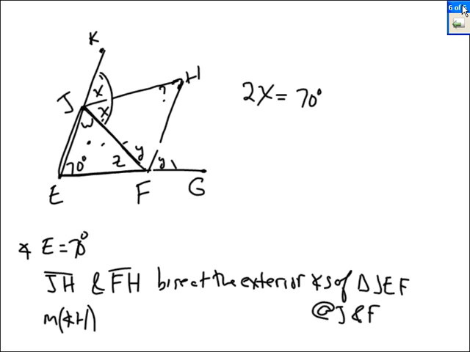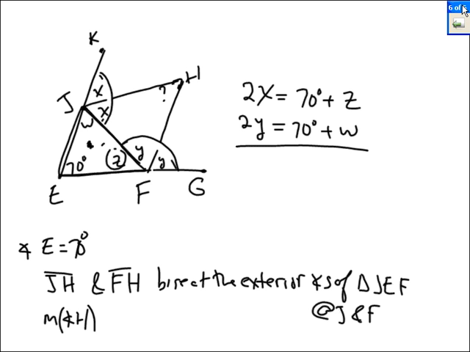It's 70 degrees plus Z. Okay. We know that 2y is not this angle, but the sum of the other two in this triangle. It is angle 70 plus W. Now, if we oh, that won't work. Okay.